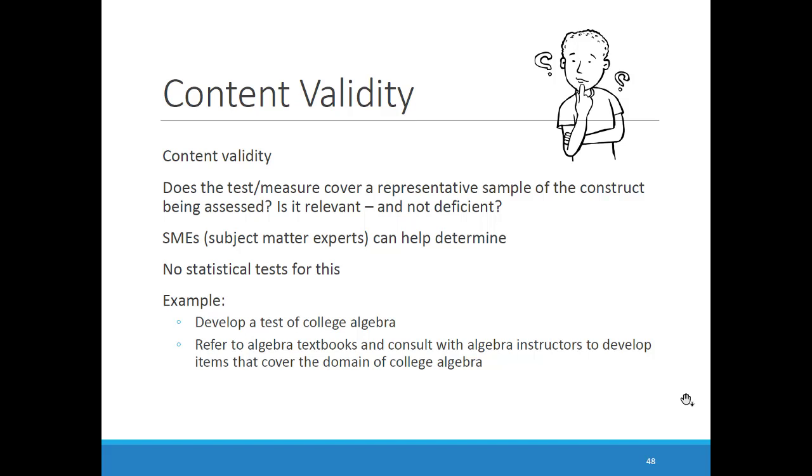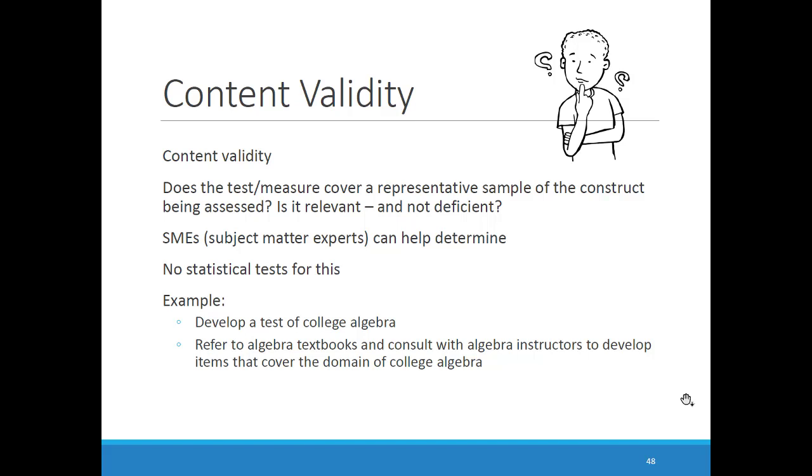So what do I mean by not deficient? Well, we don't want to skip over anything really important that has to do with algebra. We want to include everything that is relevant and important to assessing college algebra. So the idea is to cover the whole area that you're trying to assess without being deficient.